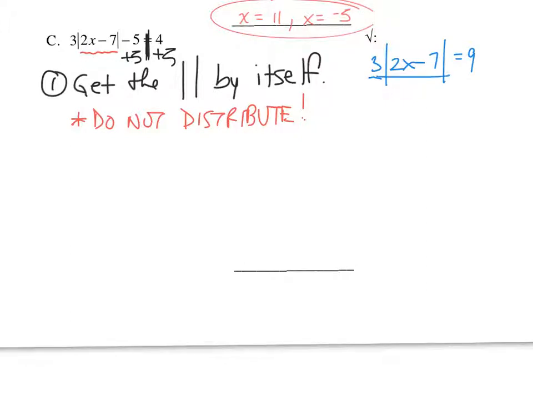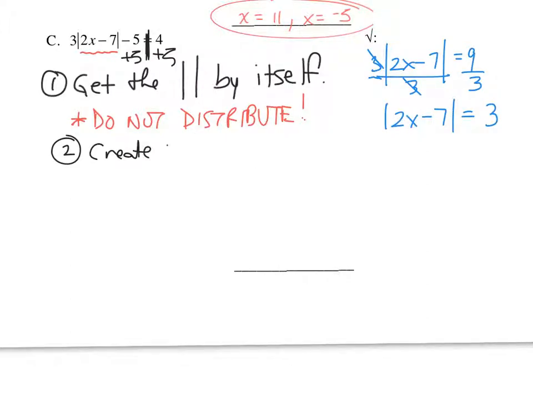Divide. So let's divide by 3. Because remember, if you want to distribute, that would be multiplying. So we're not going to distribute, we're going to divide. That cancels this out, and now we've got the absolute value of 2x minus 7 equal to what number? 3. All right.